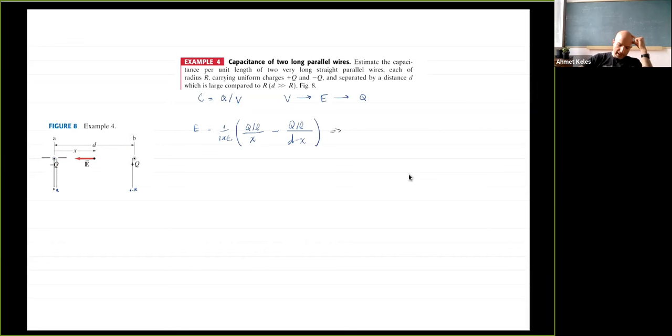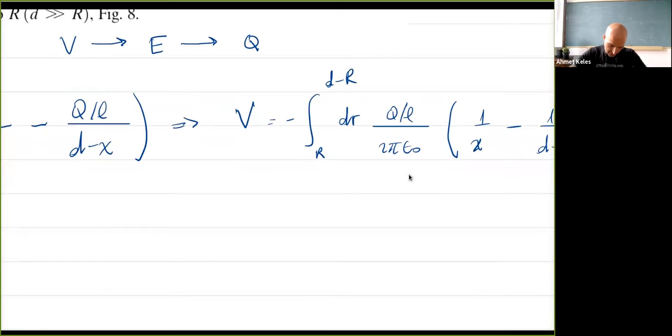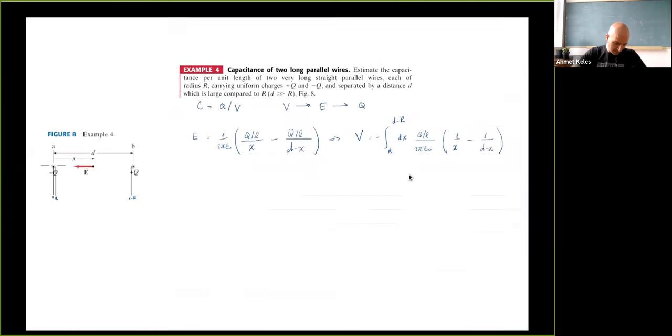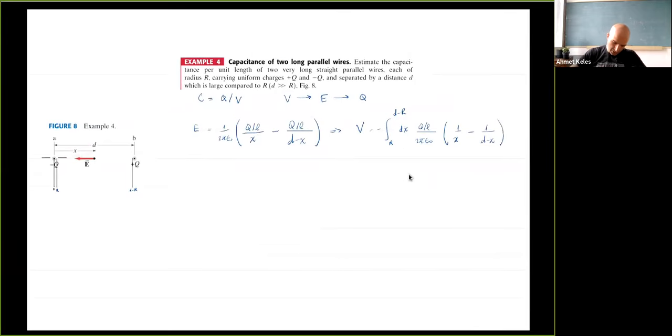So from this, I can calculate V. It is equal to minus the integral from R to D minus R, all the way from here to here, of dx, Q over L divided by 2 pi epsilon naught times 1 over x plus 1 over D minus x. I called this R, but this should be x, dx, right? We decided to call this thing x. So this integral I can take.